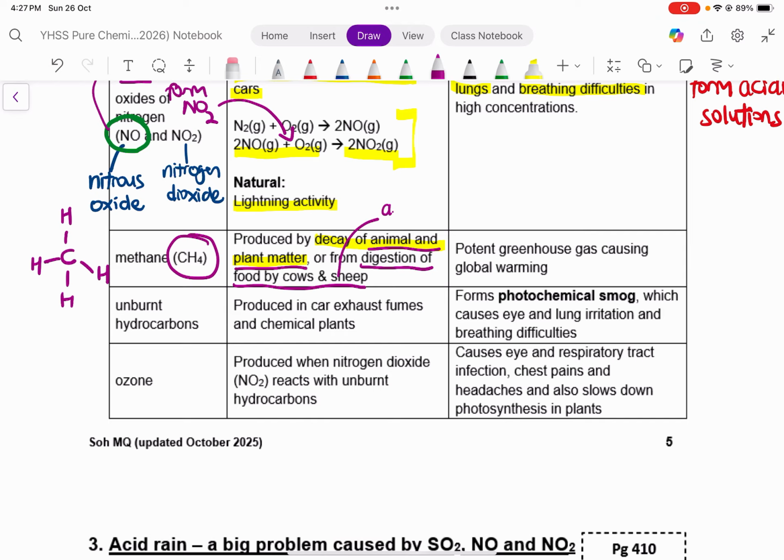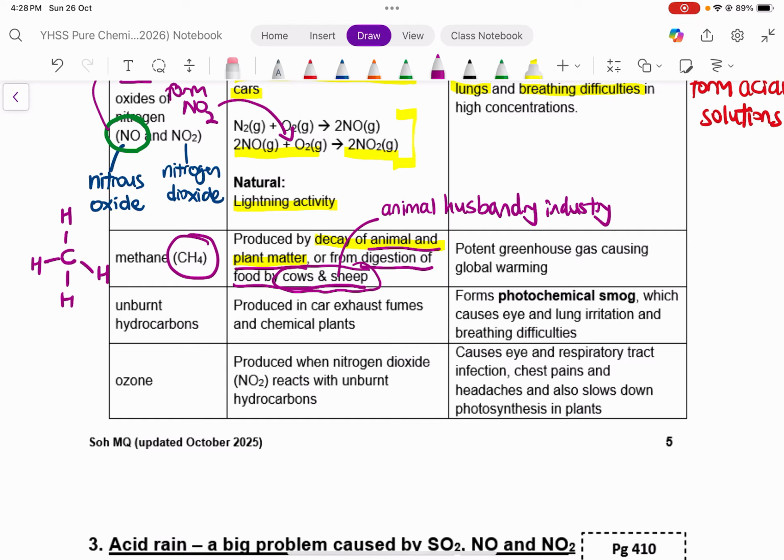In case you're wondering, animal husbandry industry. Now this is not husband like, you get married, you have a husband. It's not like that. Animal husbandry means you are actually rearing animals as a means of living. In particular, cows and sheep are the main contributors to the release of methane to the atmosphere.